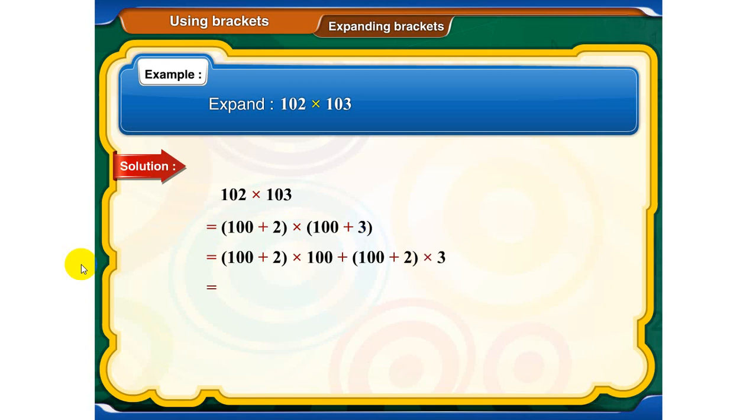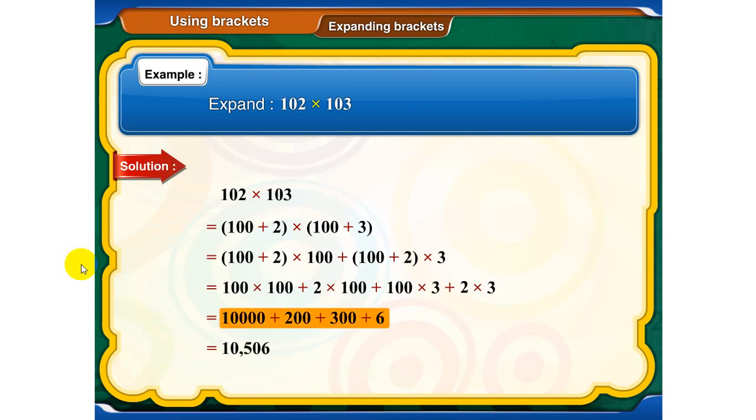That is equal to 100 into 100 plus 100 into 3 plus 2 into 100 plus 2 into 3. That is equal to 10,000 plus 300 plus 200 plus 6, which is equal to 10,000 plus 500 plus 6, and that is equal to 10,506.